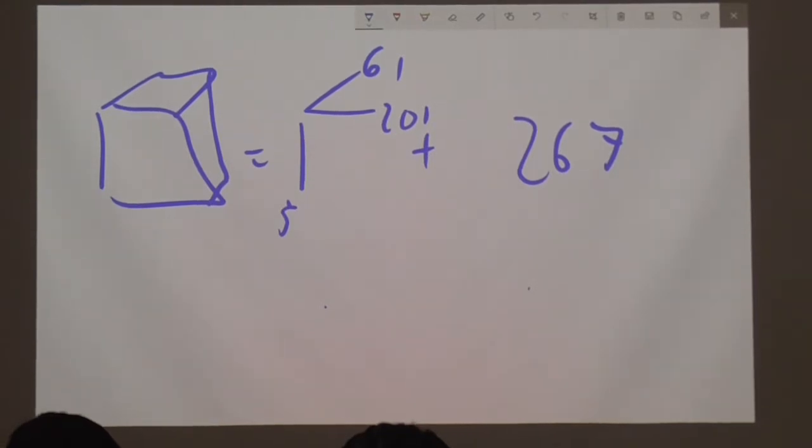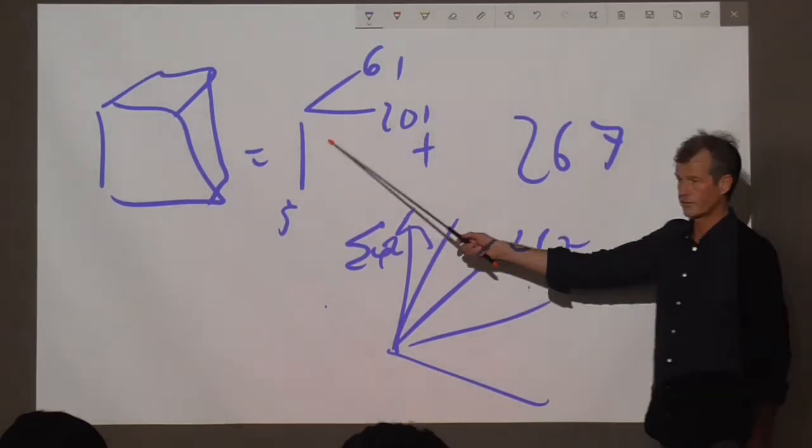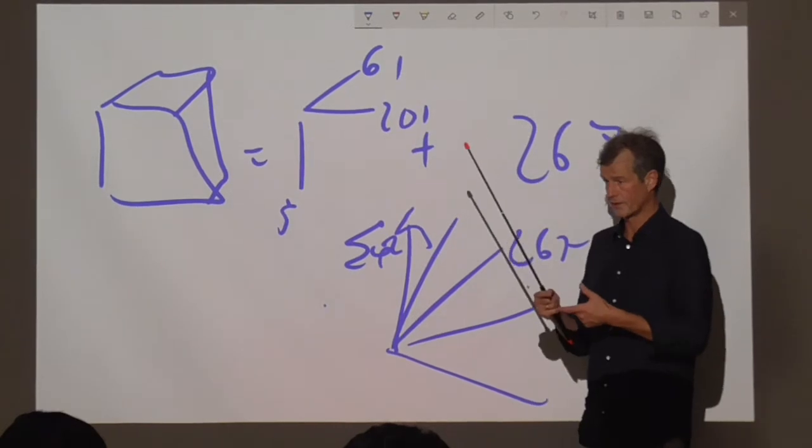And that means that the sum squared residuals that I'm trying to minimize lives in a 267 dimensional space, because it's a function of all of these, and I'm trying to optimize all of them.